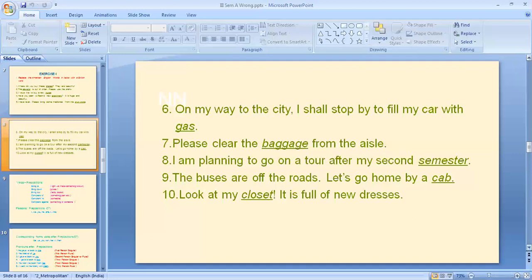So a British person may say for this sentence, look at my wardrobe. It is full of new dresses. So in this way, both the Americans and British people use different words to refer to the same thing.